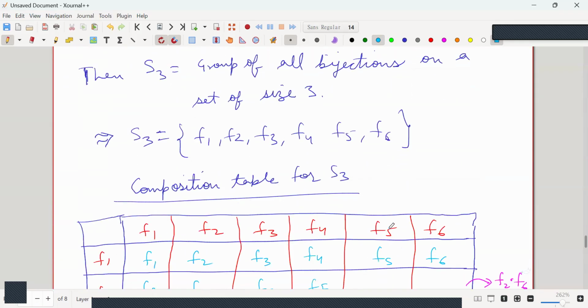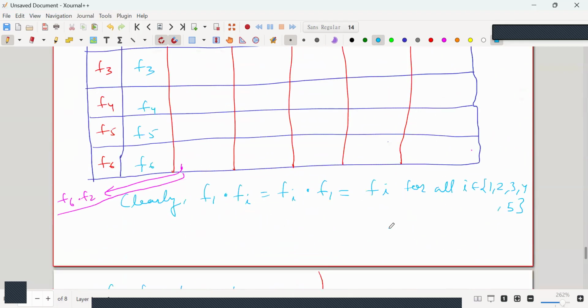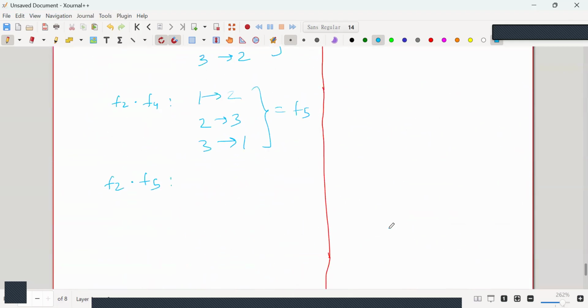So it will be just F4. So this is 1 going to 1, 2 going to 3, and 3 going to 2. So this is F4, which is interchanging 2 and 3. Okay.